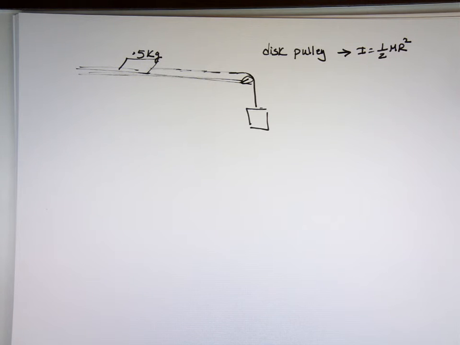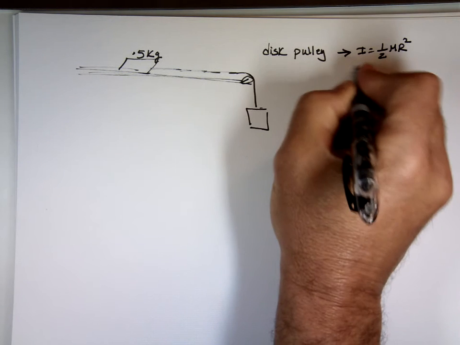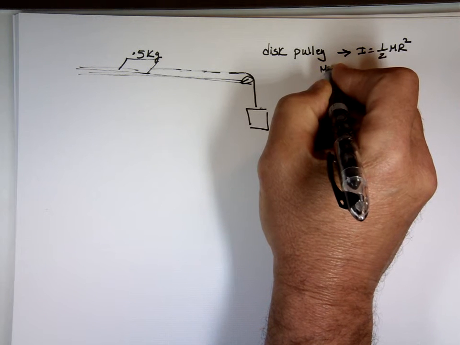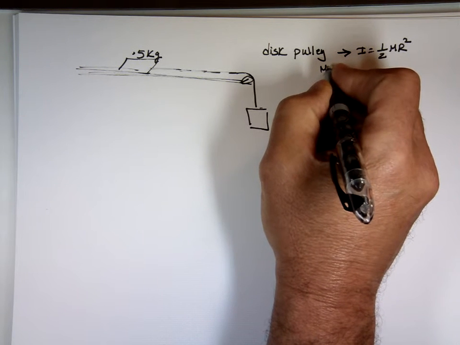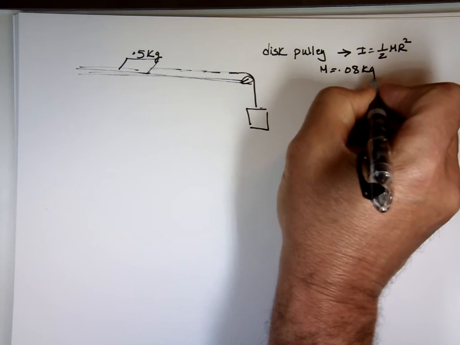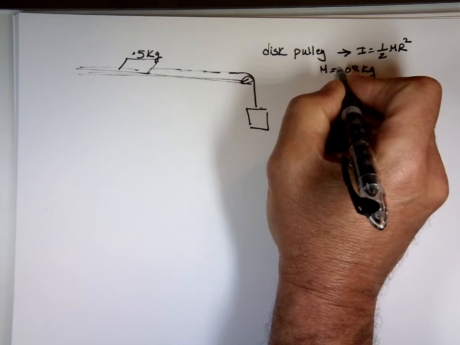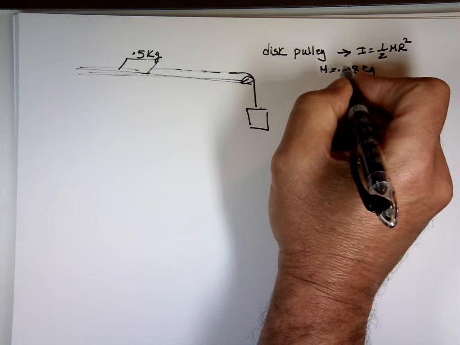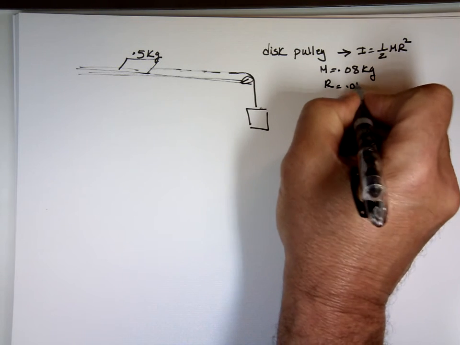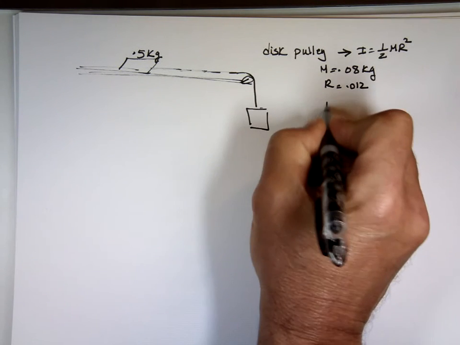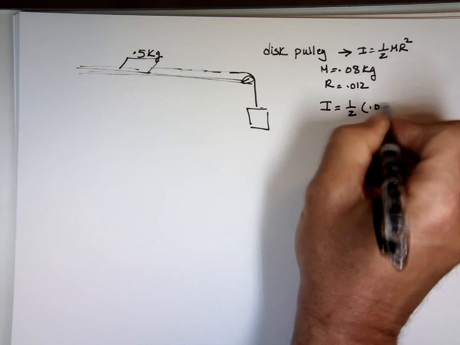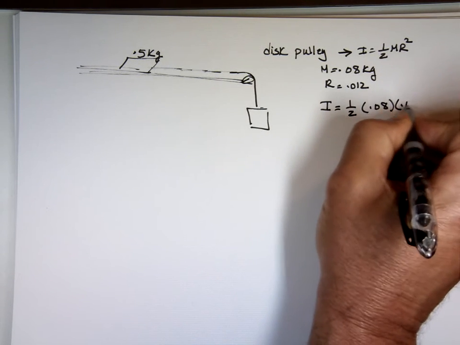Let's assume the pulley has a mass. The mass of the pulley is 0.08 kilogram, a really light one, 80 grams, and it has a radius of 0.012. So now I can calculate the inertia immediately: 1/2 times the mass 0.08 times 0.012 squared.